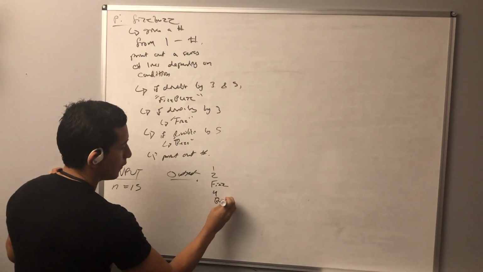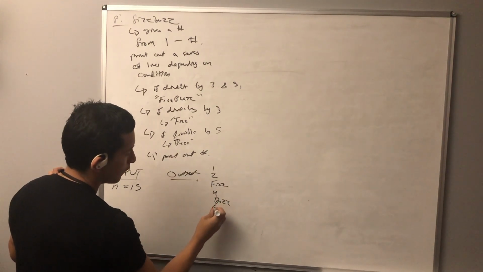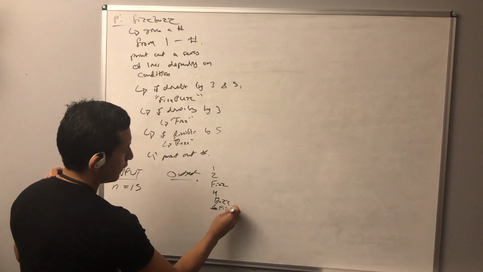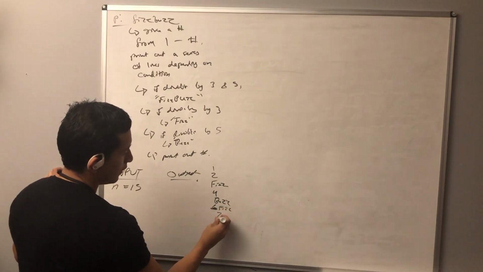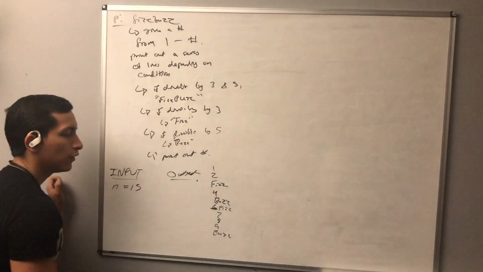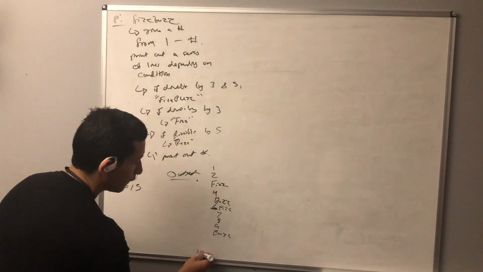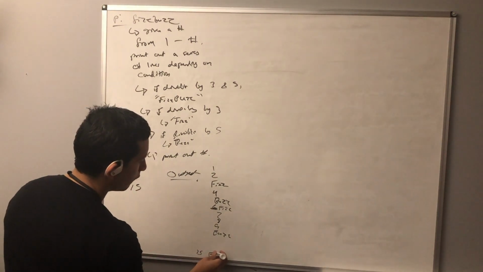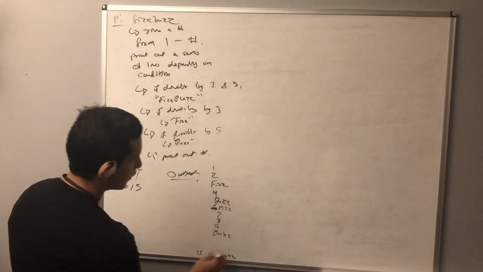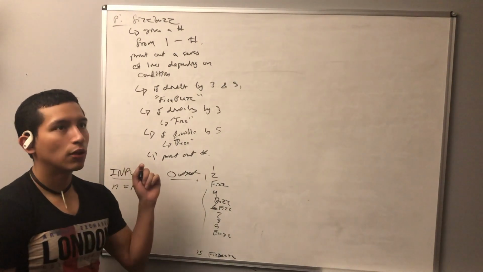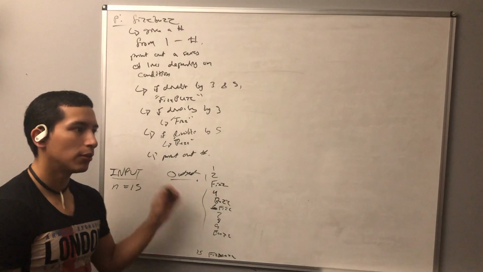Fizz, 7, 8, Fizz, Buzz, and so on until you get to 15, and 15 is a number that is divisible by 3 and 5, so at that point you print out FizzBuzz. So that's basically what the problem is wanting you to solve: how do you program this.